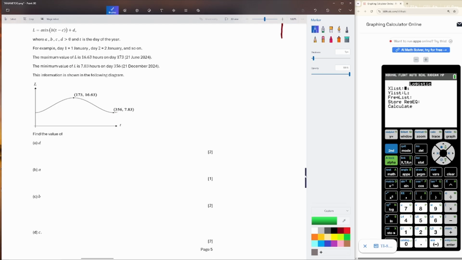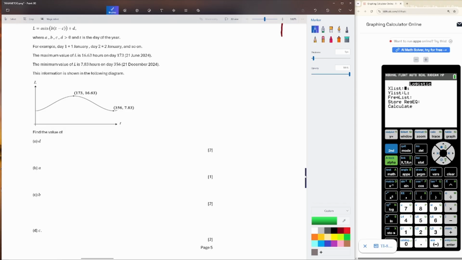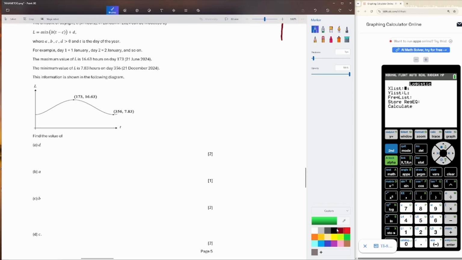So right now you can take the time to do it for yourself, but I'm going to start solving it to actually understand. So if you want your D, which is this, you can do it very easily. The D formula is just the maximum plus minimum divided by 2.